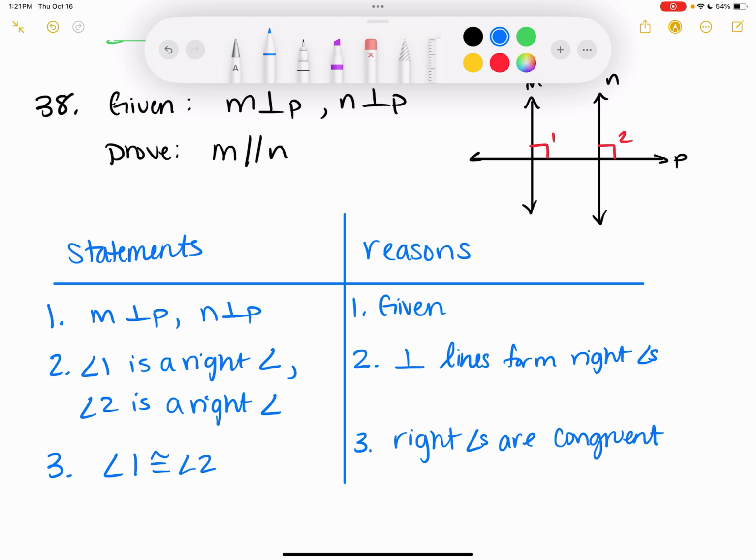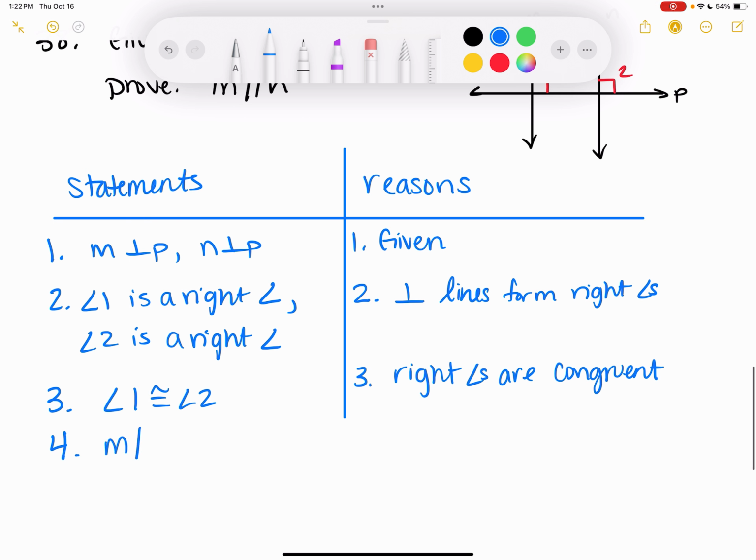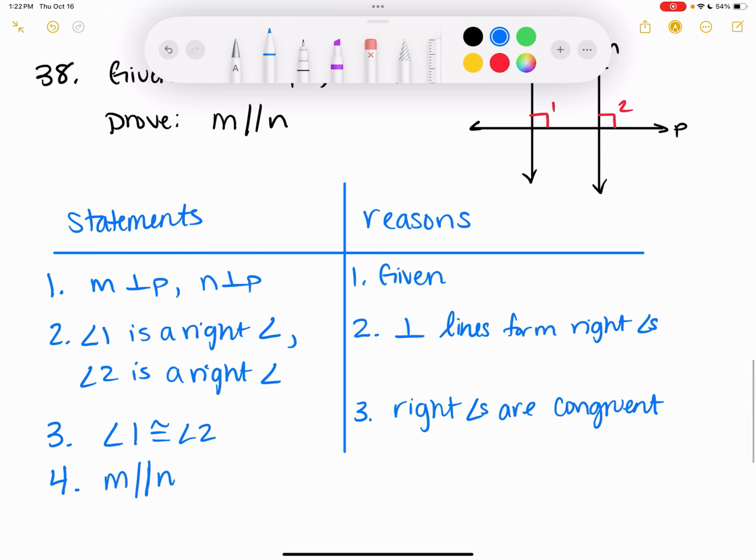So if that's the case, what can I ultimately say and why? M is parallel to N. And what's the reason that I can say that? Three point twelve.